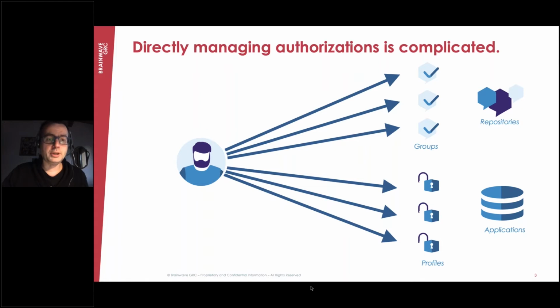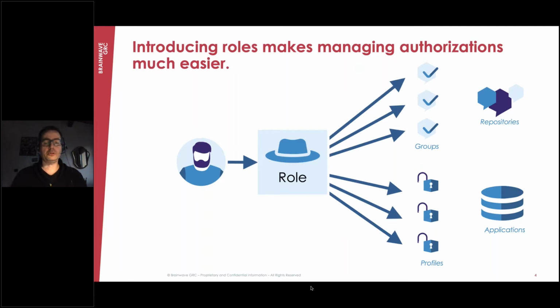The goal with the introduction of roles is to simplify those management actions. Simply put, the role will regroup a number of authorizations, and instead of granting each access right individually, you would grant the role to the user, and this will automatically embark all the subsequent authorizations.